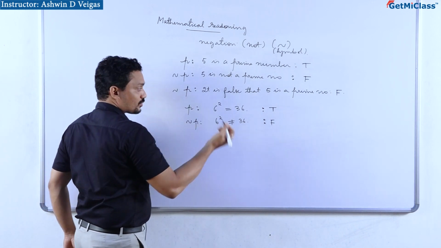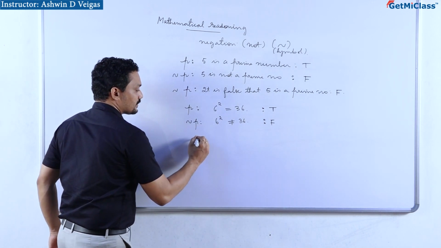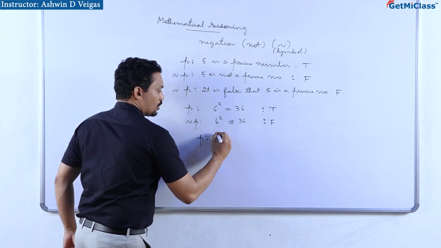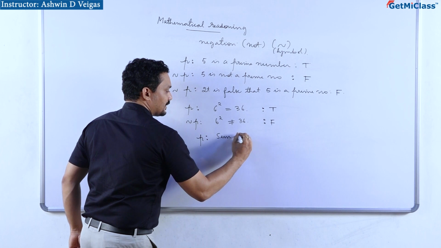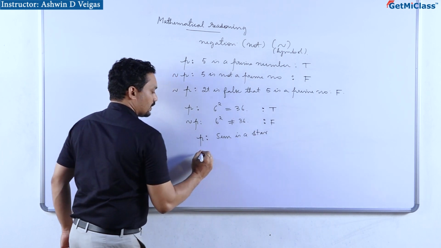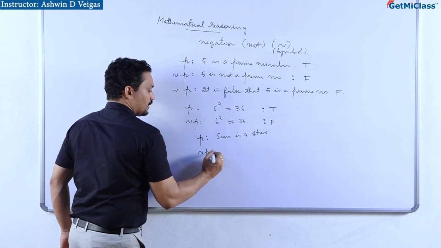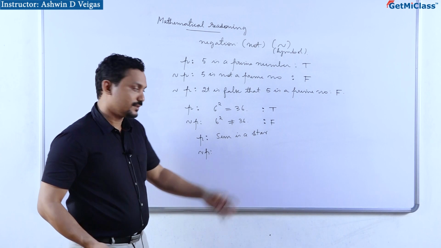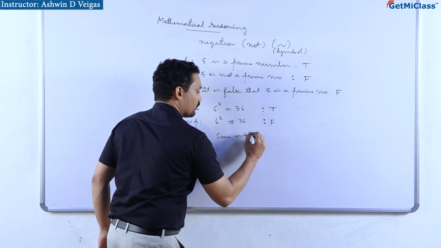Now let us go to some other example. Let us say P is: sun is a star. Then negation P will be: sun is not a star. And suppose the word not is already there.